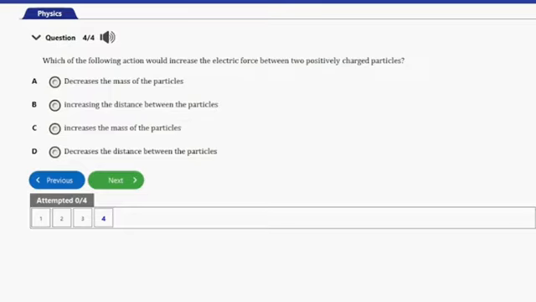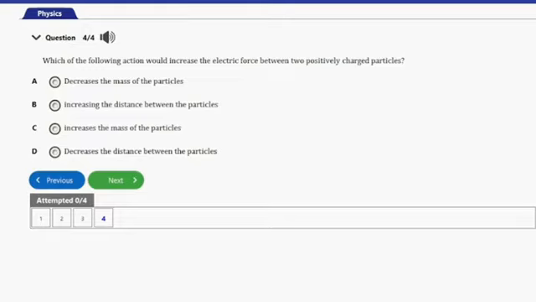Also take note again that the relationship between the electric force and the distance between the particles is that F varies inversely as d squared. So F is equal to k over d squared.